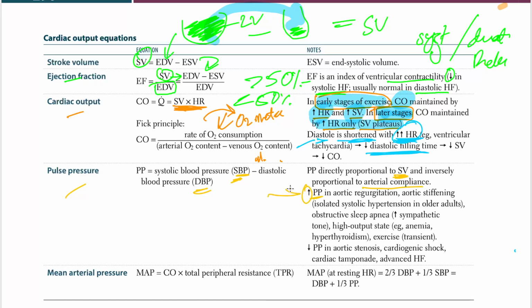So where would we have increase in pulse pressure? In aortic regurg, aortic stiffening, isolated systolic hypertension in older adults, OSA, obstructive sleep apnea, increase in sympathetic tone, higher output states, for example, anemia, hyperthyroidism, exercise is a transient increase in PP.